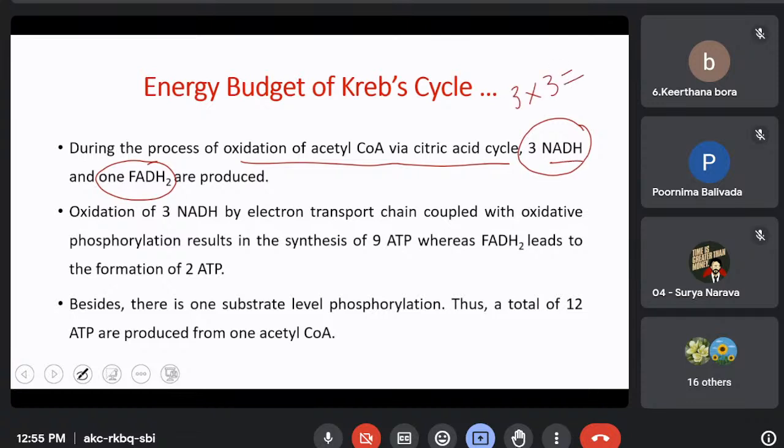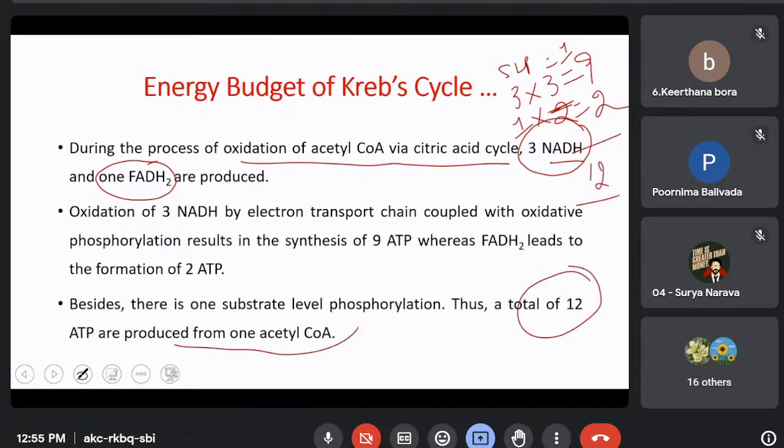From each NADH plus H plus, 3 ATP are produced. That means 3 into 3, 9 ATP are produced. Isn't it? From 1 FADH2, 2 ATP are produced. In addition to this, there is one substrate level phosphorylation where GTP is produced which is converted into ATP. That is 1 ATP. Thus, 1 plus 9 plus 2, we come across a total of 12 ATP produced from one acetyl coenzyme A.